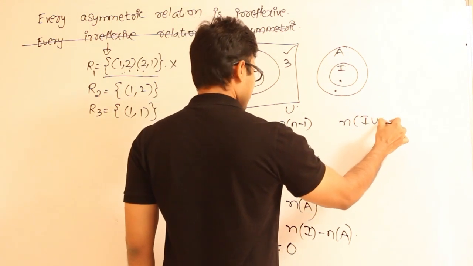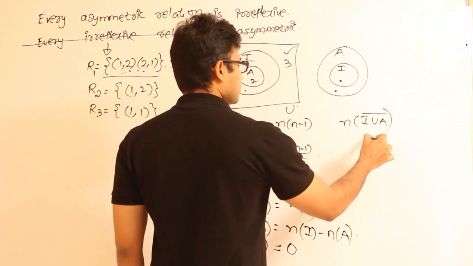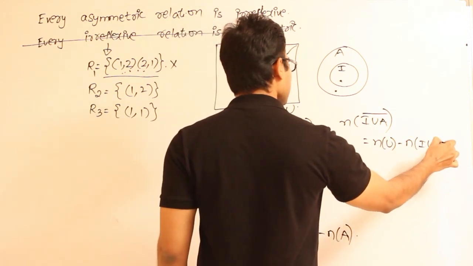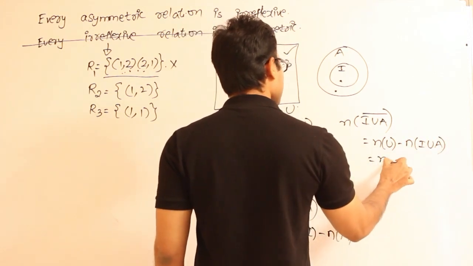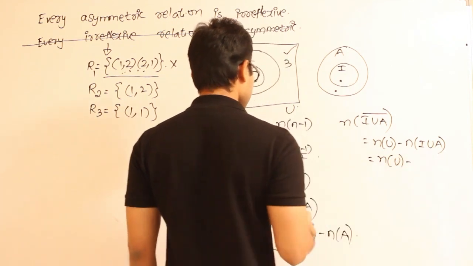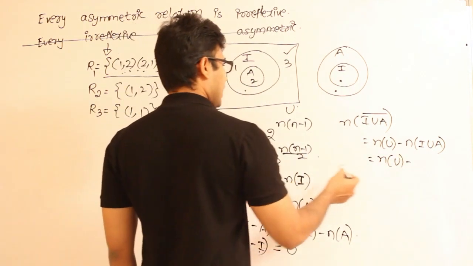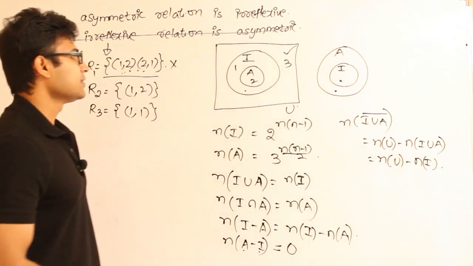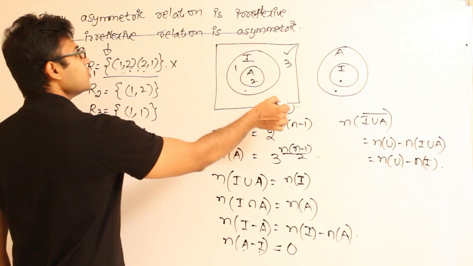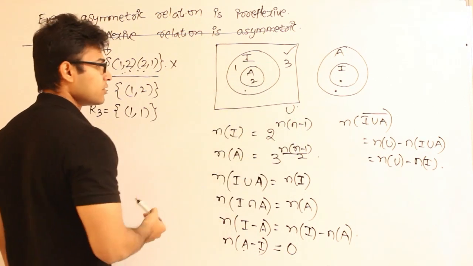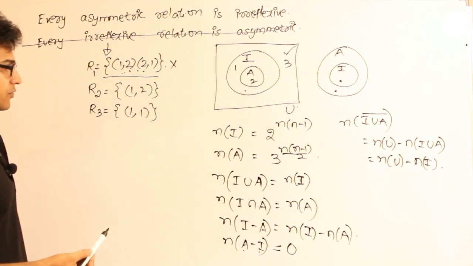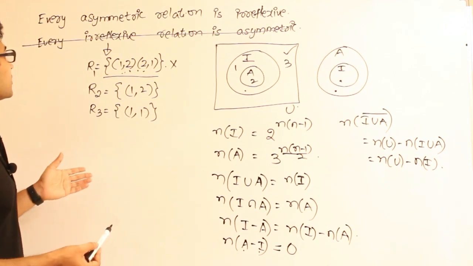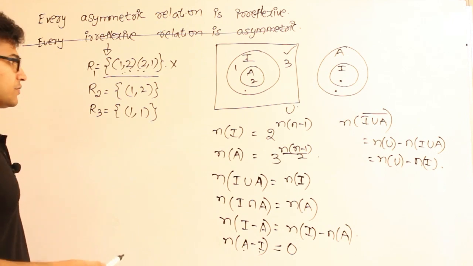It is going to be n of U minus n of I union A, right? And we know that n of I union A is nothing but n of I itself. Got it? So region 3 is nothing but n of U minus n of I, and the region 2 is the remaining part. And what is n of U? 2 power n square. Got it? So this is how you can find out the relation between asymmetric and irreflexive relations.